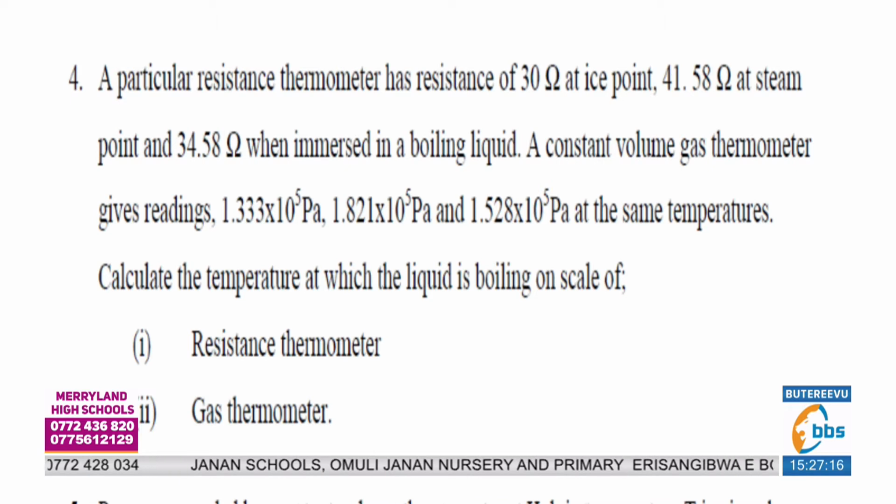I must apologize, the word Celsius is missing between on and scale in the last statement of the question. It must be: calculate the temperature at which the liquid is boiling on the Celsius scale of the resistance thermometer and the gas thermometer.